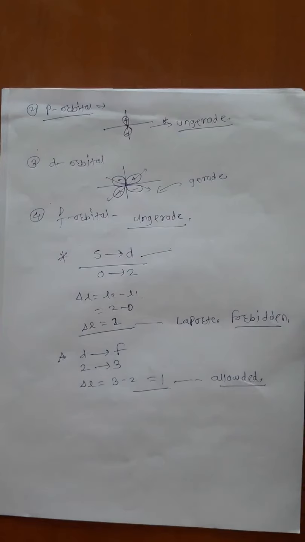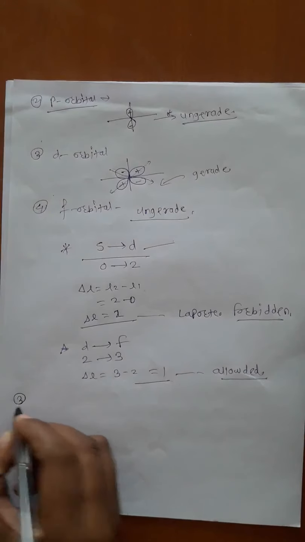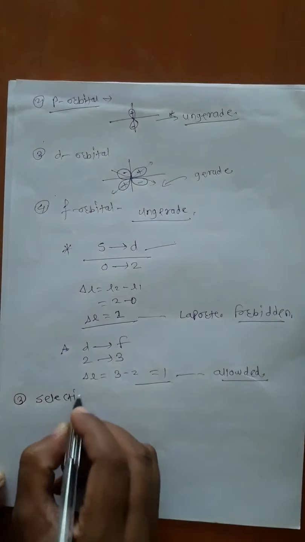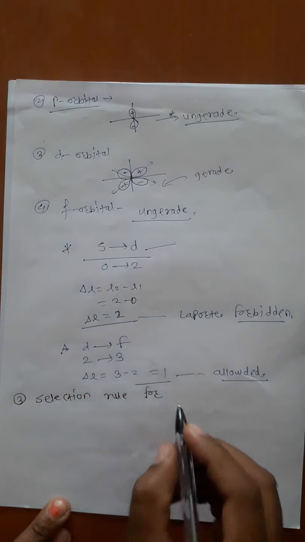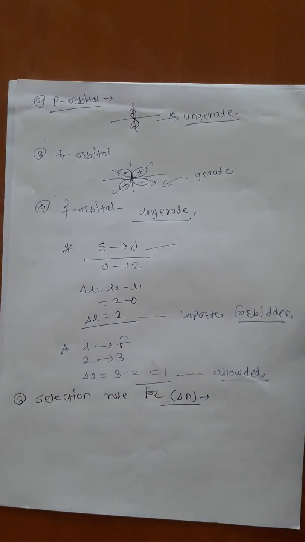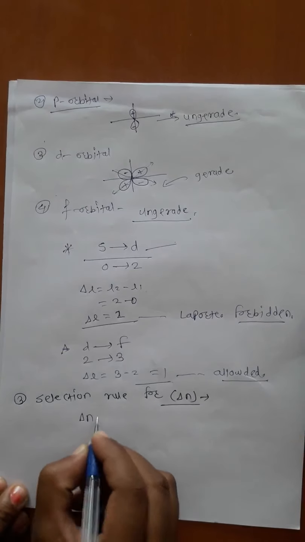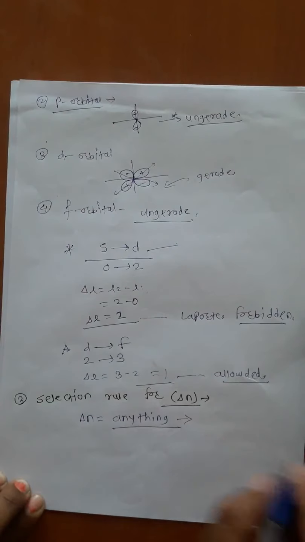Okay, this will be the selection rule for delta L. Now the third rule is the selection rule for delta n, the principal quantum number. In the selection rule for delta n, whatever the value of delta n, this transition is allowed.